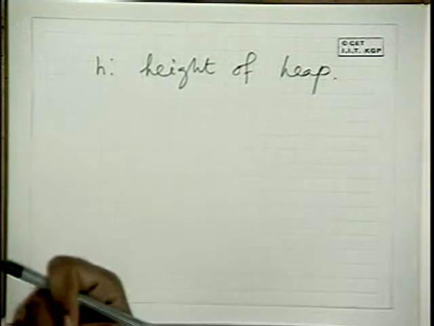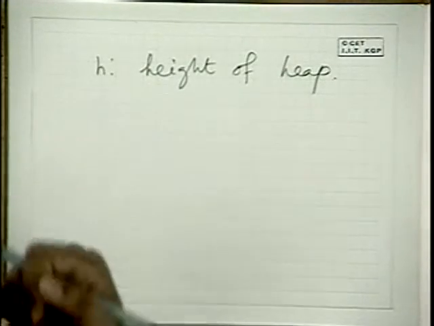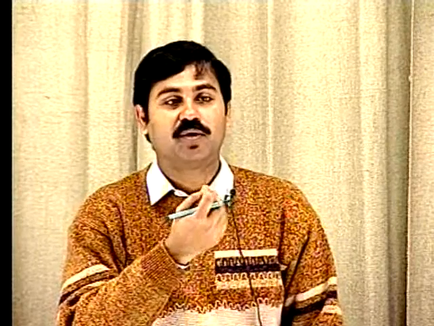Basically, the height of any node i is the number of edges you have to traverse from the root to come to that node. So the root by itself has height 0. The next level is height 1. So the height of the heap is basically the maximum height of any leaf. All the leaves will have the same height by our condition. Okay, that's the height of a heap.